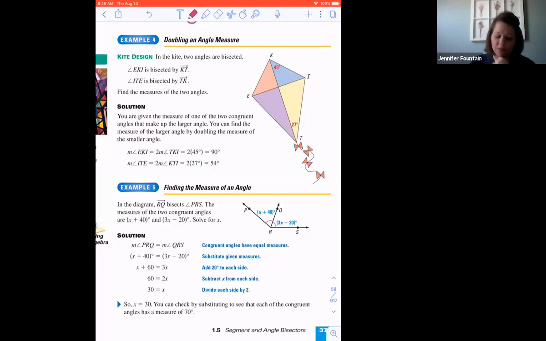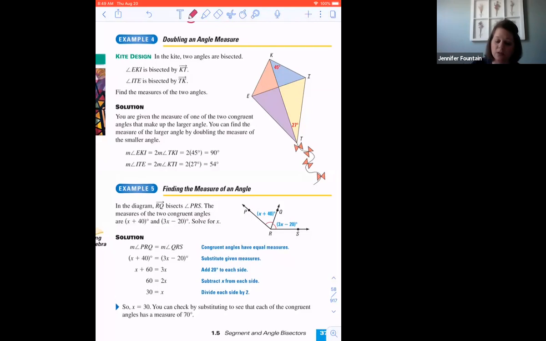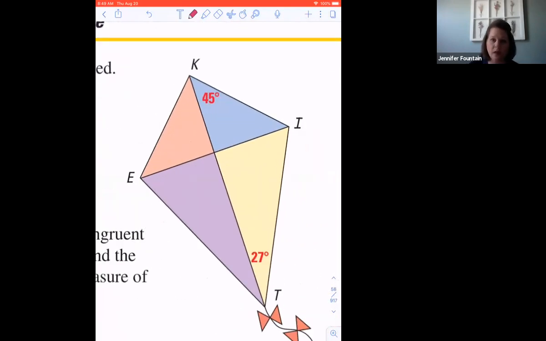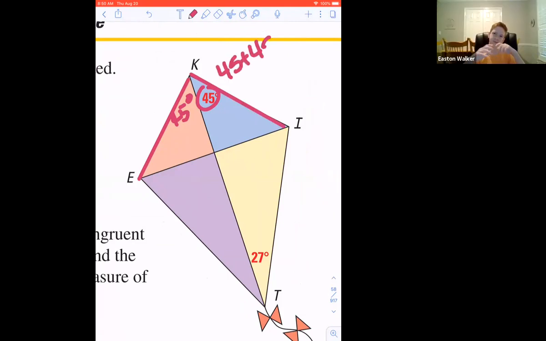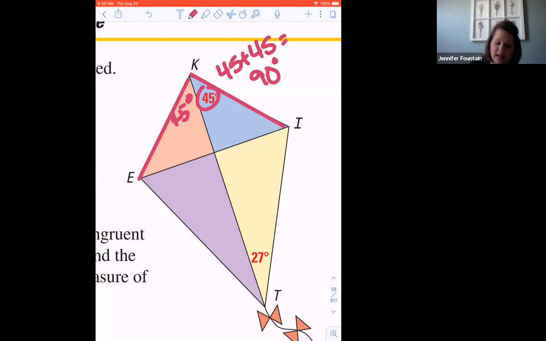It says you're given the measure of one of the 2 congruent angles that make up the larger angle. You can find the measure of the larger angle by doubling the measure of the smaller angle. If we look at this one, and we know that this angle here is 45, then this angle here is also 45. So what is my entire angle EKI going to be? I would add: 45 plus 45 would be 90.